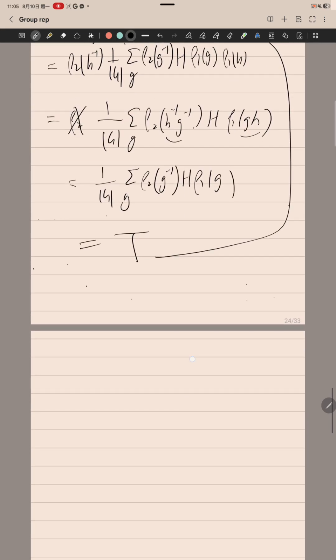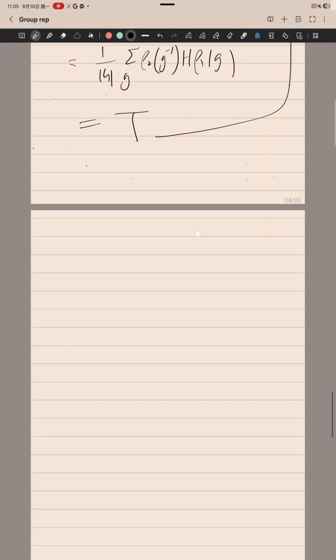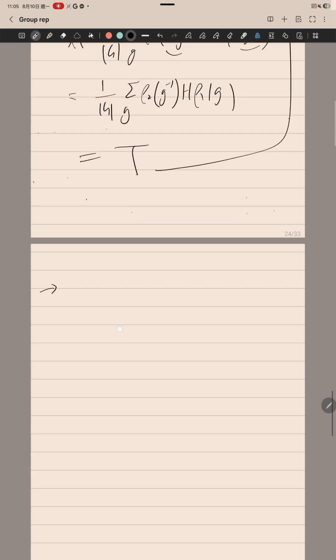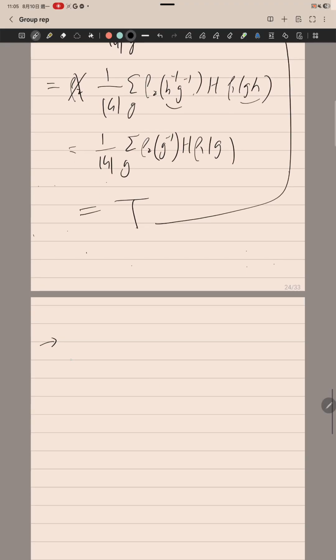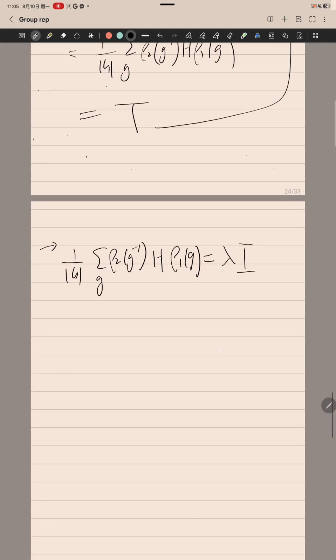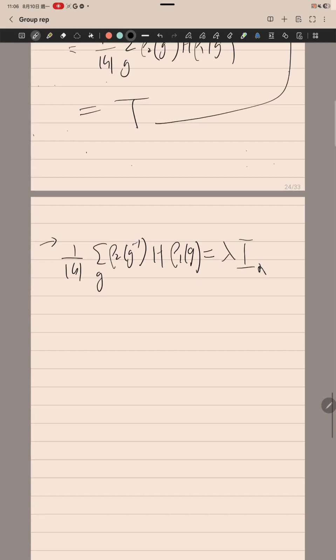Okay, so since it's G-linear, and if rho_1 and rho_2 are irreducible, then we immediately have the following. Let me just write it down. The sum over G of rho_2(G inverse) H rho_1(G) is either lambda times the identity, for some n by n identity, and this only holds if these two are the same representation.